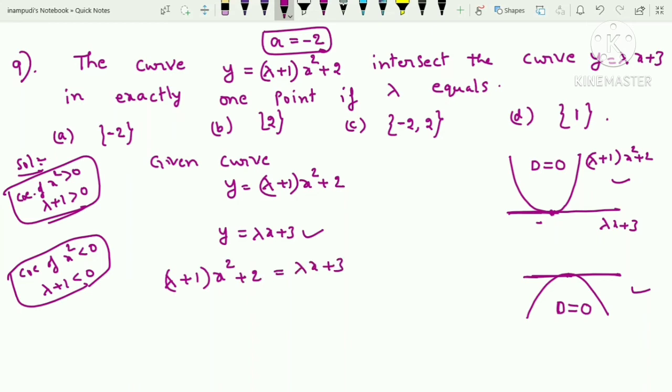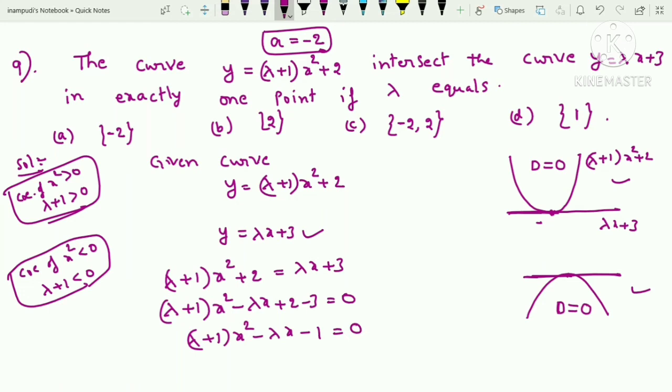We get one equation: lambda plus 1 into x square minus lambda x plus 2 minus 3 equal to 0. Lambda plus 1 into x square minus lambda x minus 1 is equal to 0.